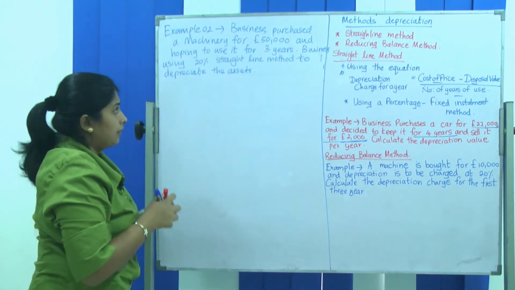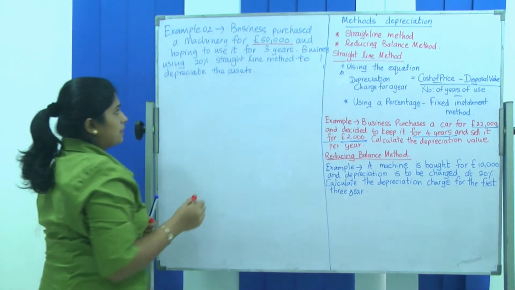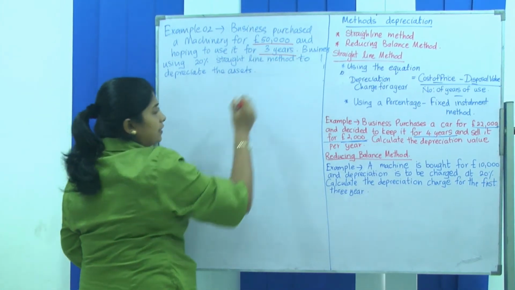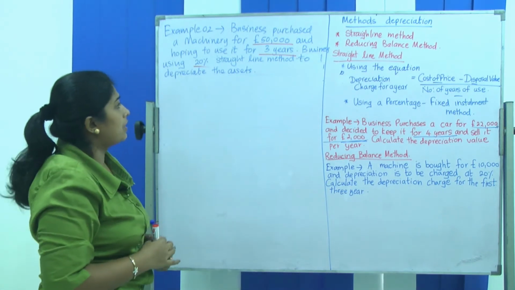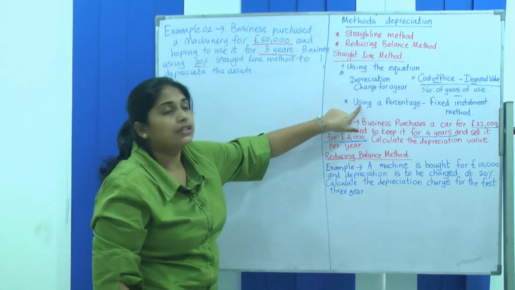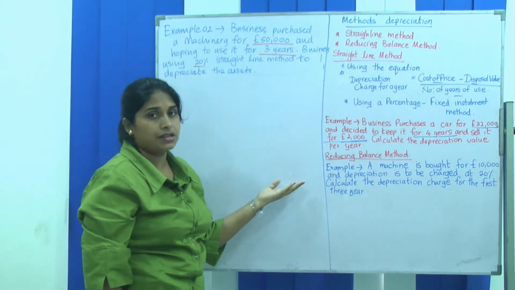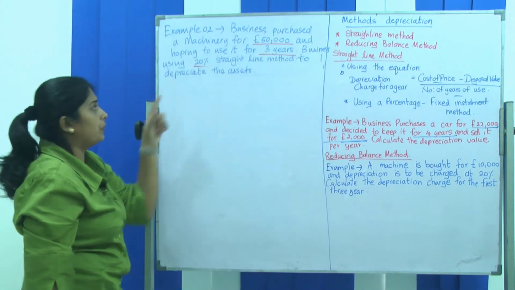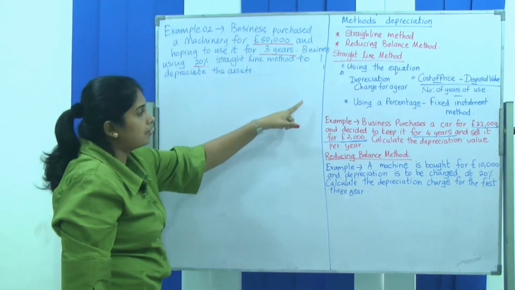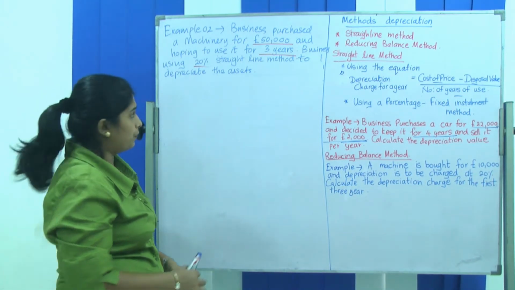So here the cost of the machinery is given, the years of usage have been given, and the percentage. Here with the straight line method we have to use the percentage because they have not given the disposal value, so we cannot use the equation, but instead we can use the 20% as a percentage to calculate the depreciation charge per year.